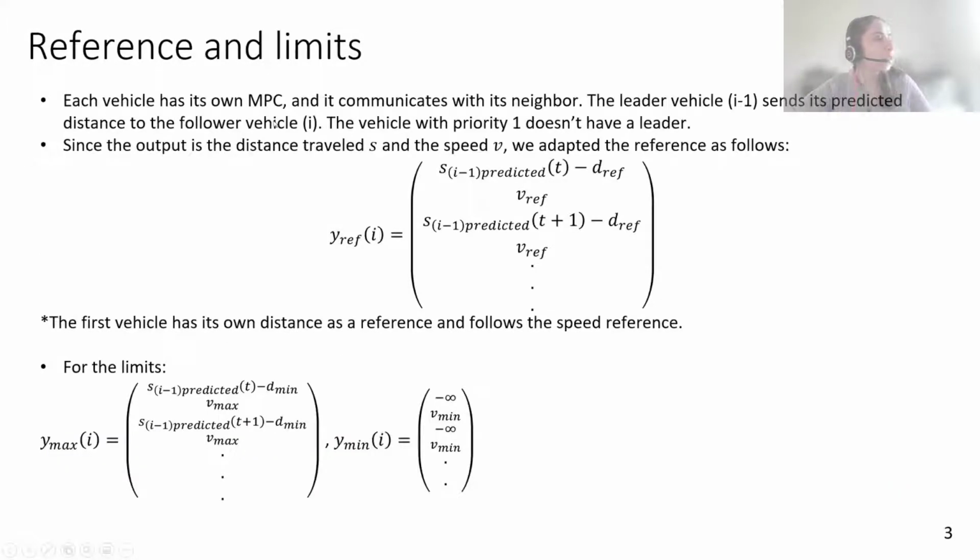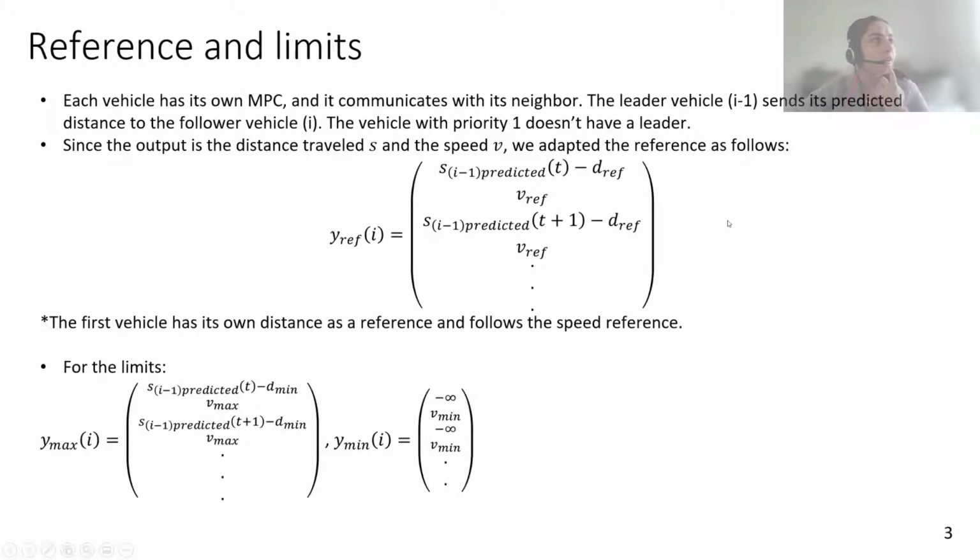Since each vehicle has its own MPC and its own model, we have to adapt, and the output is the distance traveled S and the speed V. We adapted the reference as follows. For the distance, it should be the difference between the predicted distance of the previous vehicle and the distance of the reference vehicle.